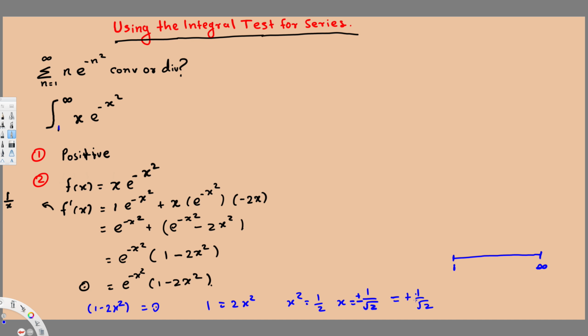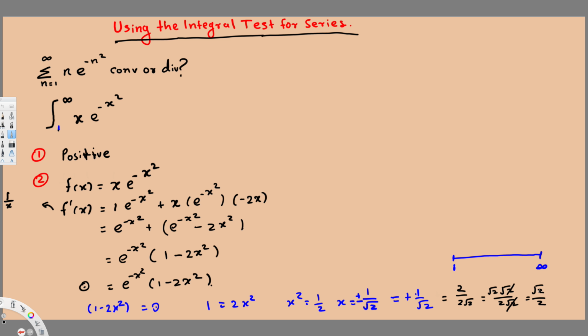So for example, instead of writing 1 over root 2, I can rewrite this. We know that 2 is root 2 times root 2, so 1 over root 2 is root 2 times root 2 over 2 root 2, and the root 2s cancel, giving root 2 over 2.